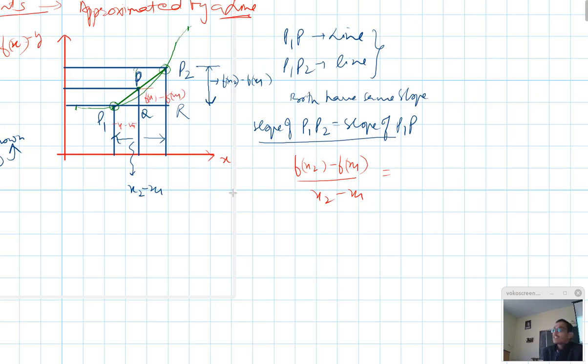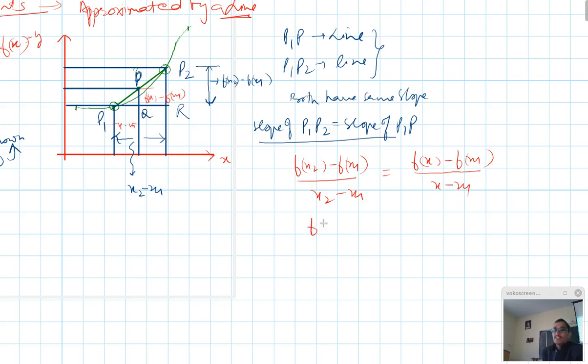This is the change in x. So I can write it as f of x minus f of x1 divided by x minus x1. So now I can find out the value of f of x.